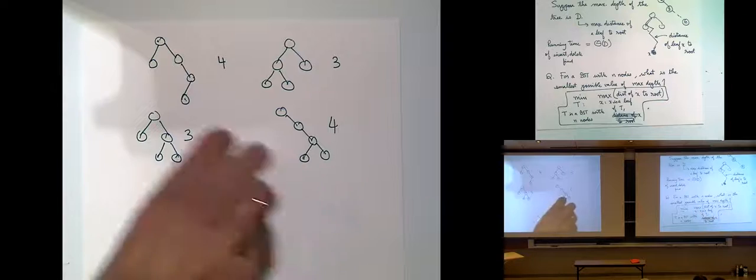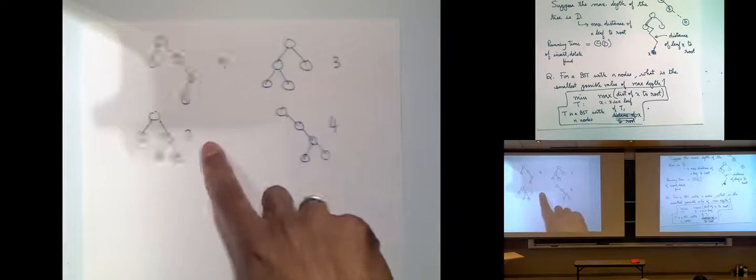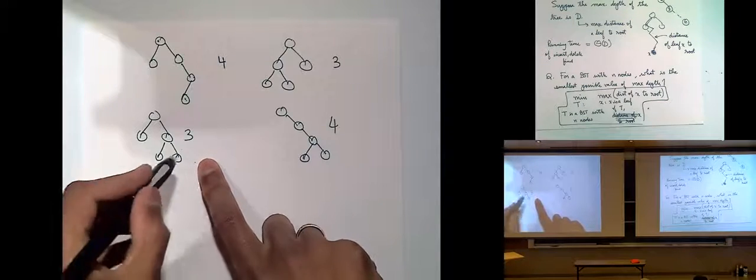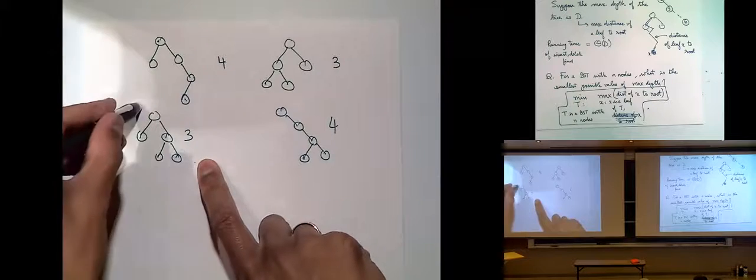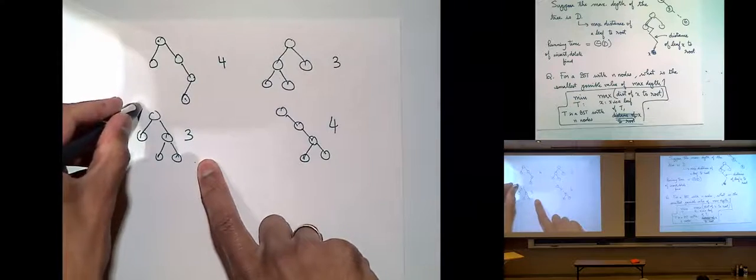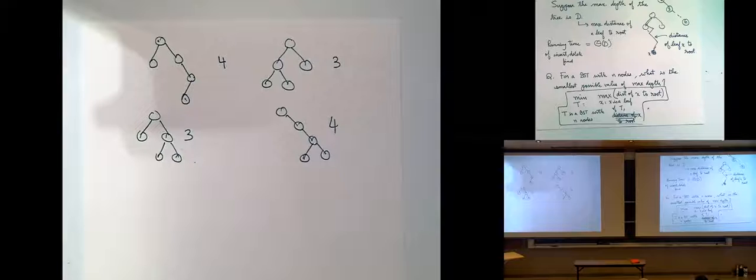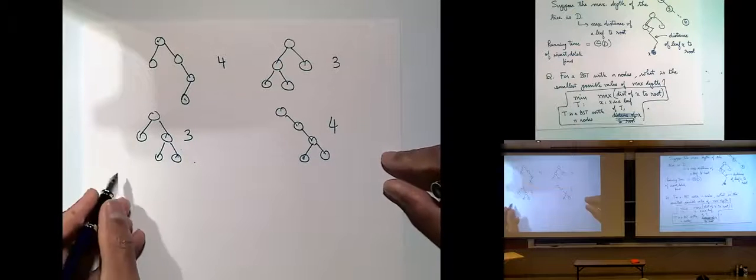Does that make sense? For 5 nodes, you're never going to get less than 3 operations, because there's always some node whose distance is 3. Just reaching that node is going to take you 3 steps. So there are 3 operations. Does this make sense? So the question is, what are the limits of binary search trees?